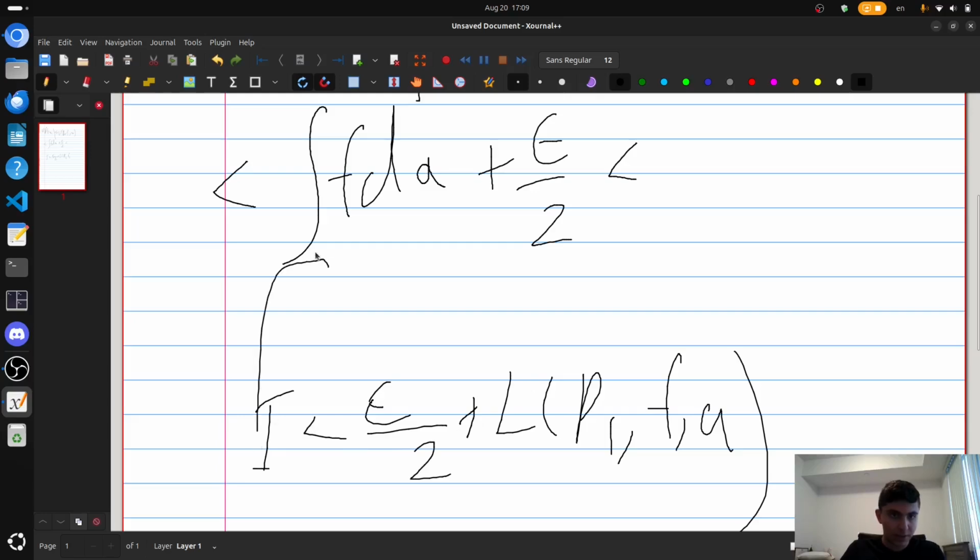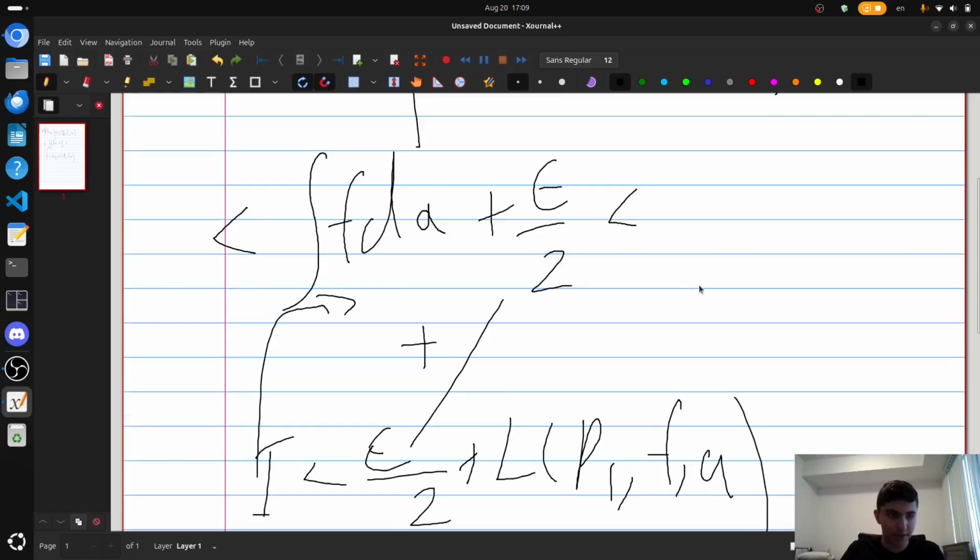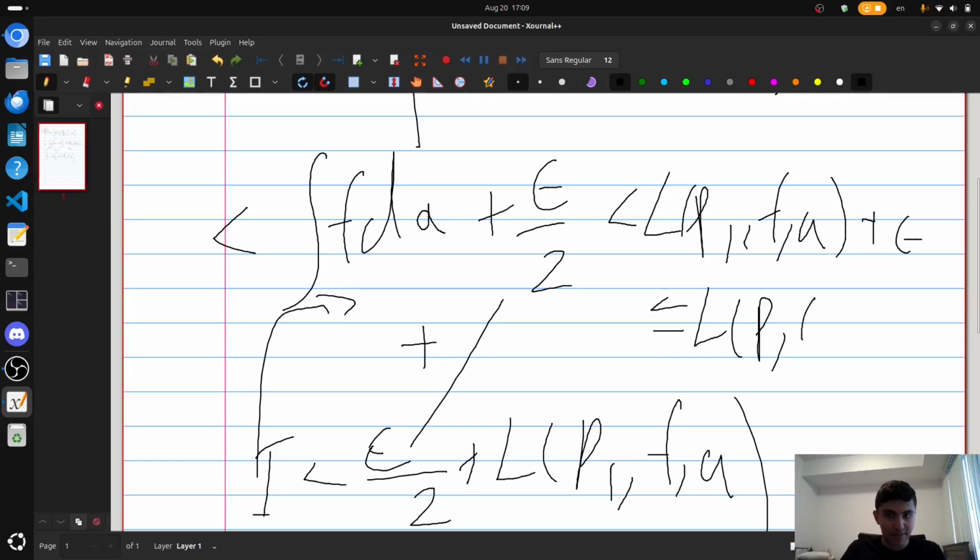So you take this epsilon over 2 plus this epsilon over 2, which will give you epsilon, so you're going to get L(P1, f, alpha) plus epsilon. And we know, since it's a refinement, that it's less than or equal to L(P, f, alpha) plus epsilon.